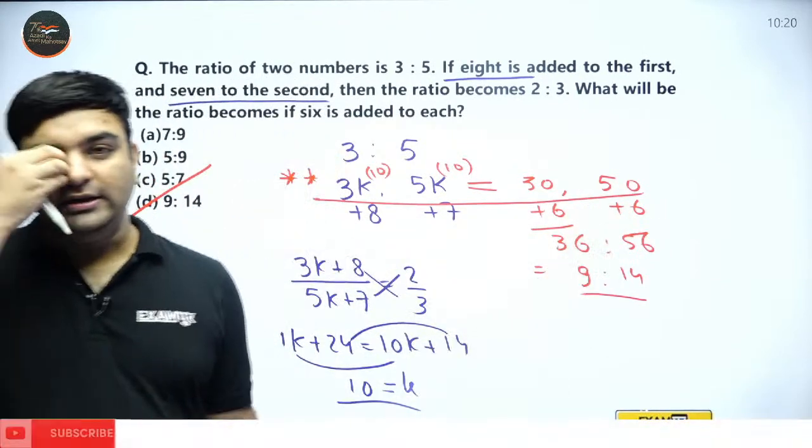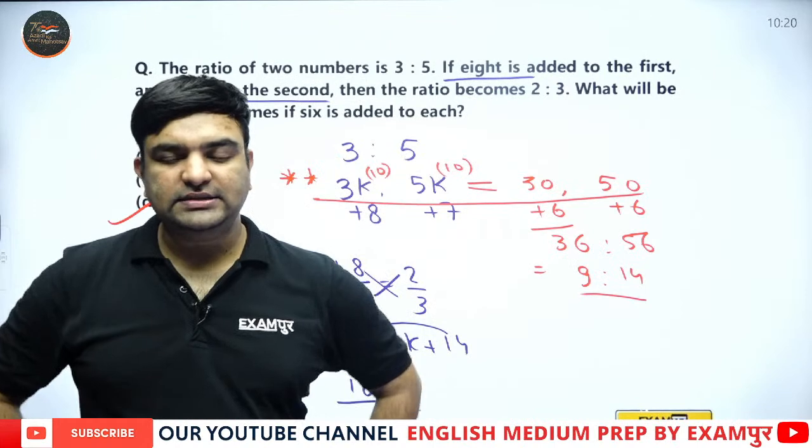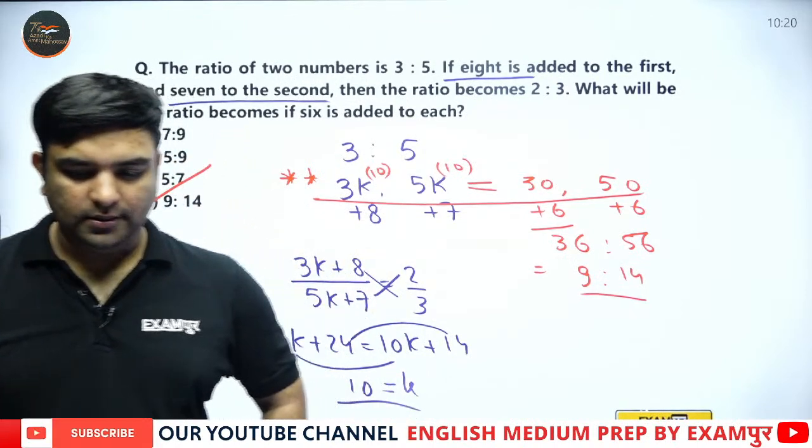Once you add 6 to both, they will become 36 and 56, simplifying by 4, that is 9:14.